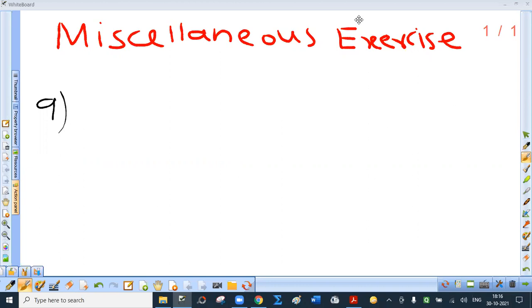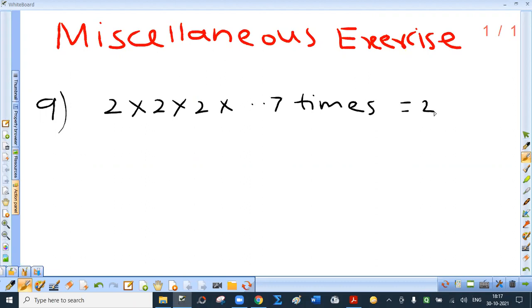Therefore, the total number of outcomes equals 2 into 2 into 2, how many times? 7 times. That is 2 raised to 7, which is 128. Right?